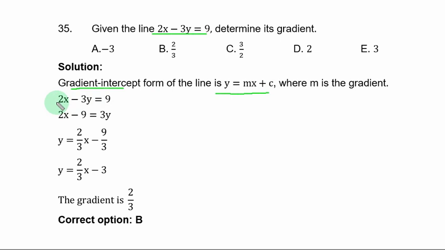In the given line, you simply solve for y. You have it in this form. Divide through by 3. y is equal to 2/3 x minus 9/3, which simplifies to this, and the gradient is 2/3. The correct option is B.